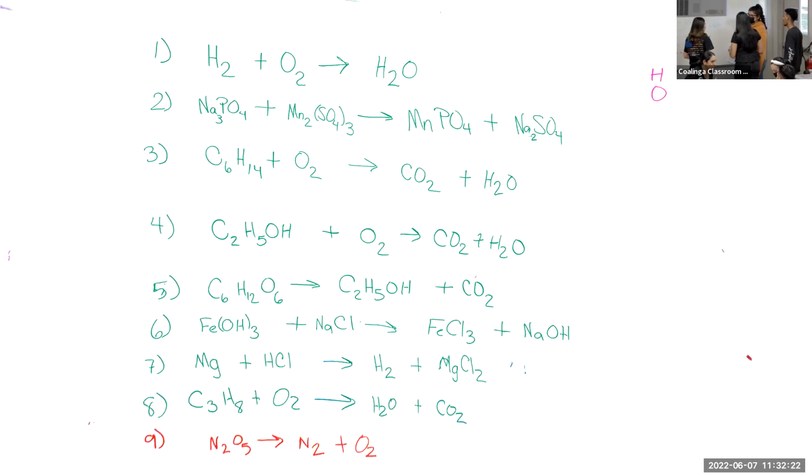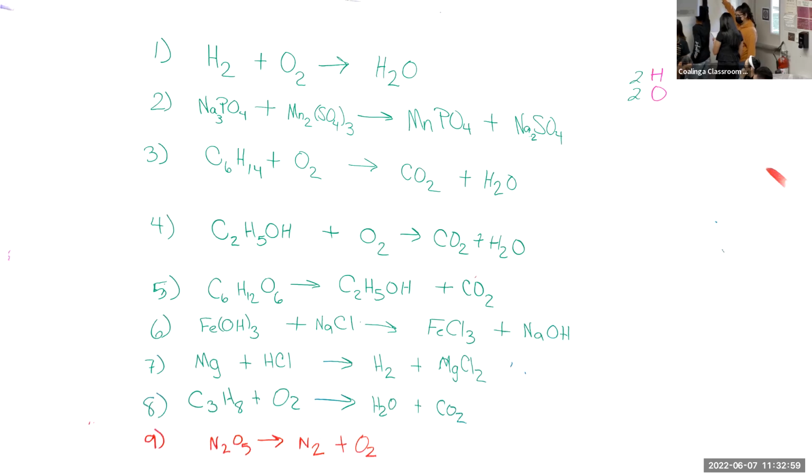Okay, 3 oxygen, so we have magnesium, and we have 2 hydrogen, right? Should you guys do 7? Yes. So that's 2, 12, and then so that's 13. Plus sign.